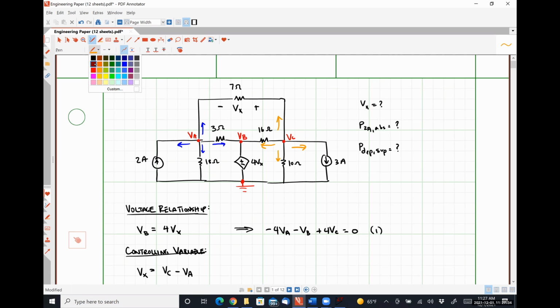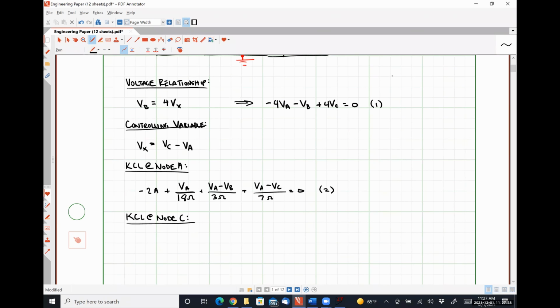Starting with the current going left and going counterclockwise, we're going to have VC minus VB divided by 16 ohms, plus VC over 10 ohms, plus 3 amps, plus VC minus VA over 7 ohms is equal to 0.